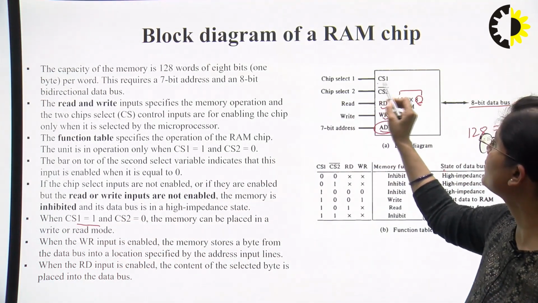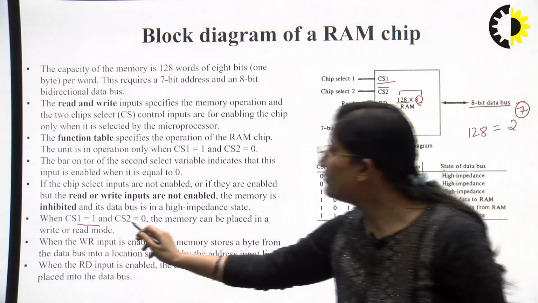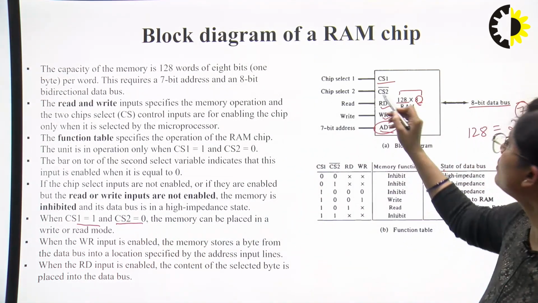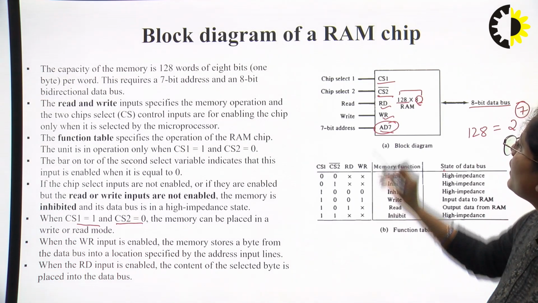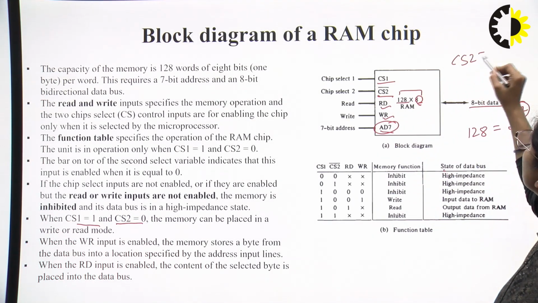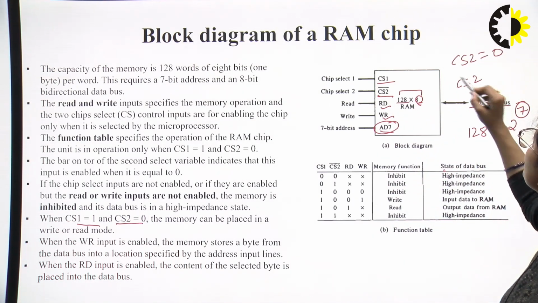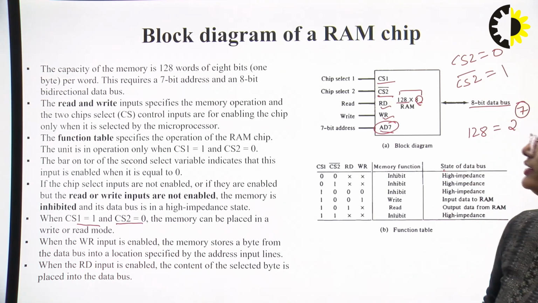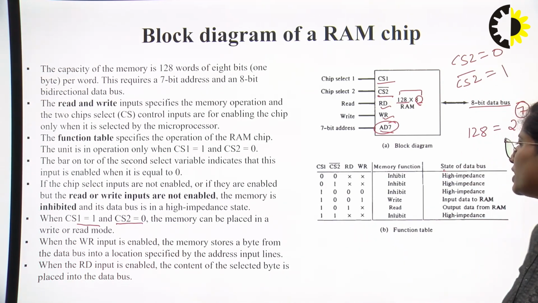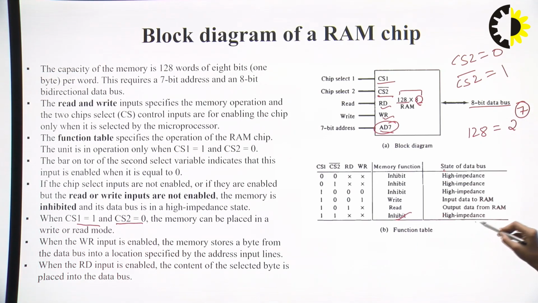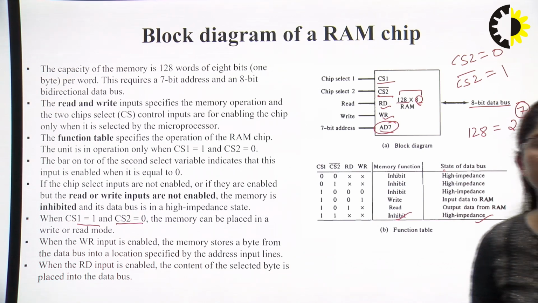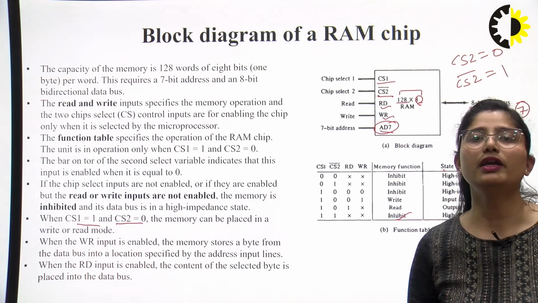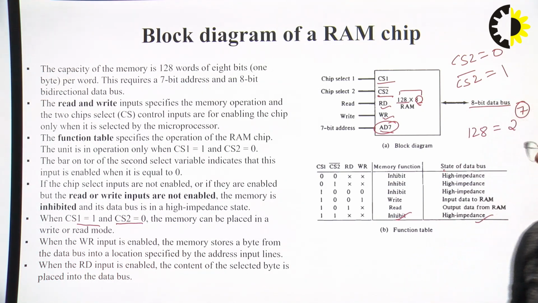When the value of CS1 is equal to 1, and when the value of CS2 is equal to 0, then the value of CS2 complement will be equal to 1. When both the values are 1, the memory will be in the inhibit state and in a high impedance state. The data will be in high impedance state, meaning the data will be there, but you cannot do anything.